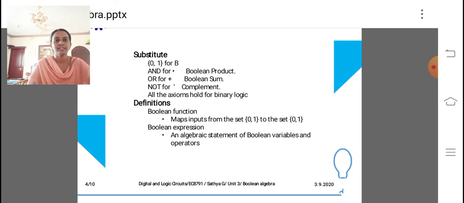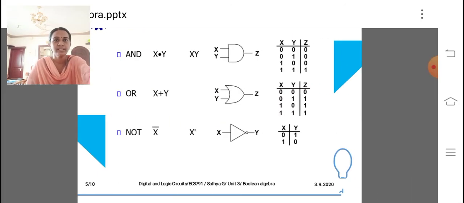Okay, now is it clear? Then next we discuss the AND, OR and NOT operators. Already we have discussed the function of AND, OR and NOT. For AND we are giving two inputs, x and y, and the output is z. I already told you AND performs the multiplication operation.